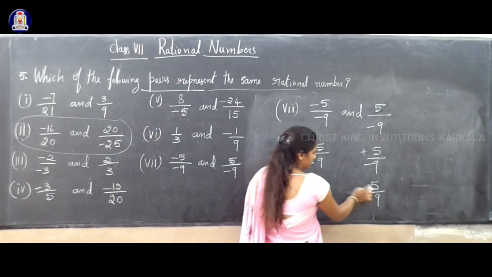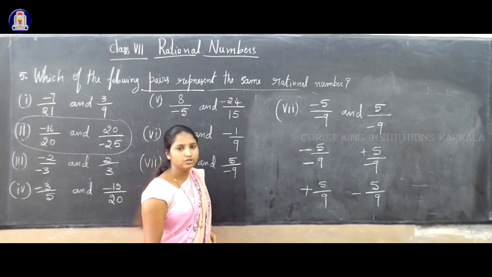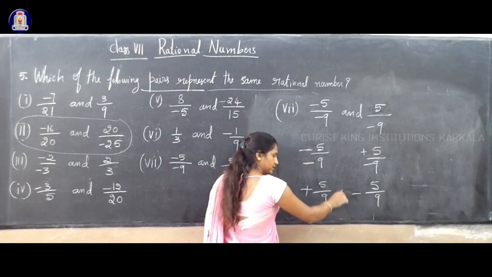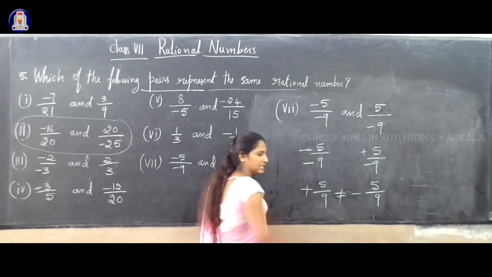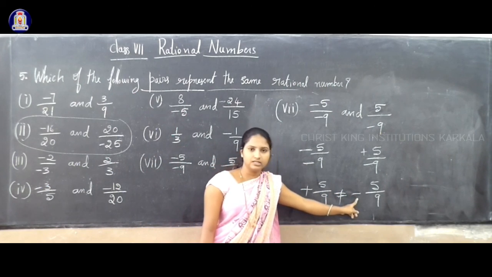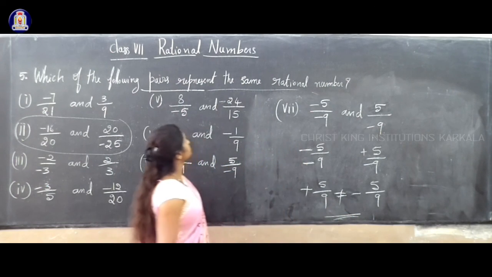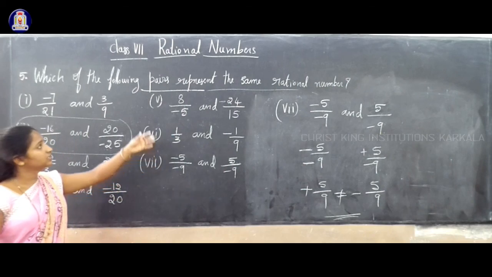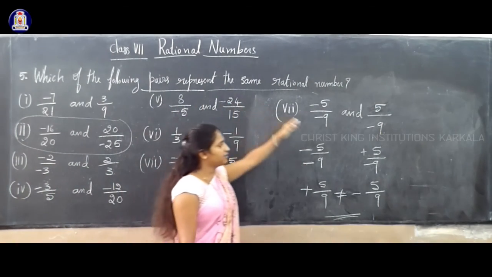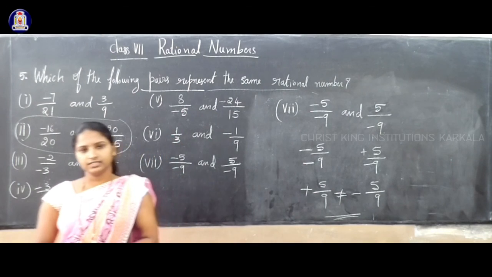Is plus 5 by 9 and minus 5 by 9 the same? No, they are not equal. The numbers are the same, but the sign is not the same. So we can say that this pair of numbers does not represent the same rational number. Clear?